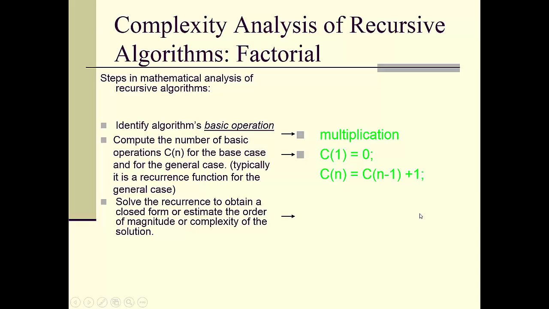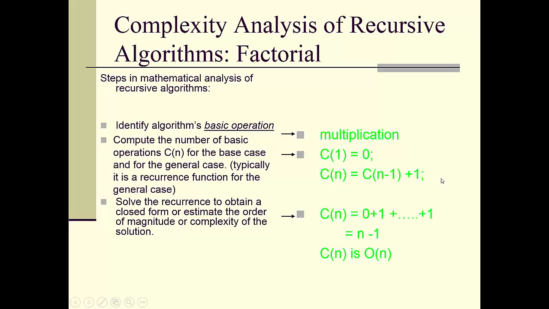We're going to see how we can solve this relationship. C of 1 is equal to 0 and C of n is equal to C of n minus 1 plus 1.